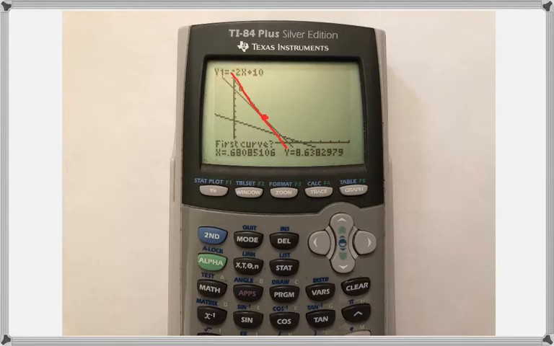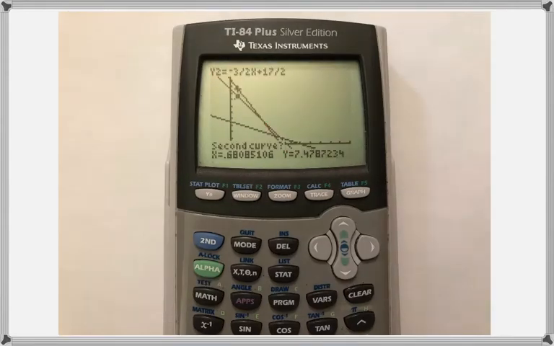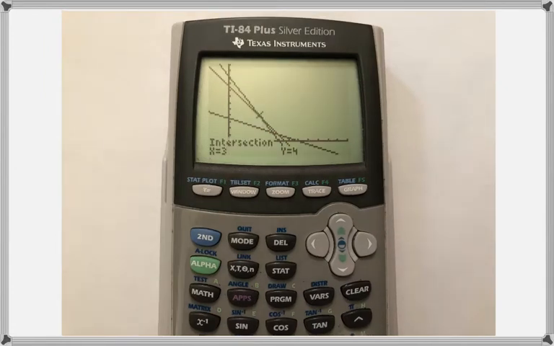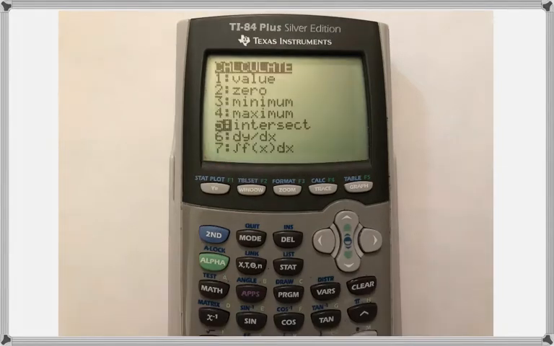So I'm going to press enter. So that has this line locked in. And now my cursor is on Y2, which is the other line that I'm looking for. So we can press enter, and then we can make a guess, press enter, and then it finds the intersection point 3, 4.